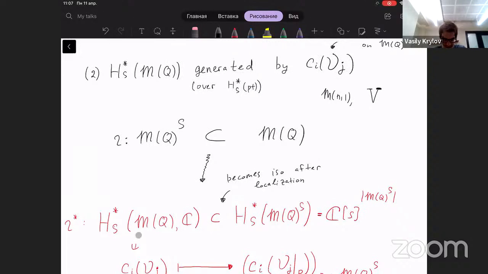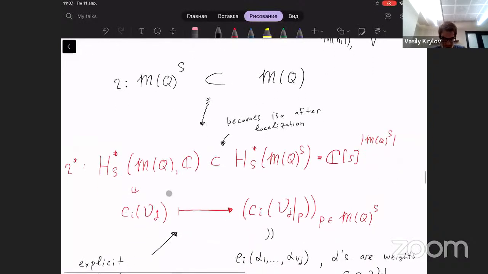So in particular, we have a very nice embedding of the algebra that we want to study inside something very simple, in the sense that we have an explicit description of it. The fixed points form just a discrete set, and this cohomology is functions on S to the power of the number of fixed points. Certainly, I restrict to the case when we have a finite number of fixed points on our quiver variety with respect to S. But there are many such examples, and in the Hikita conjecture we will only consider such examples.